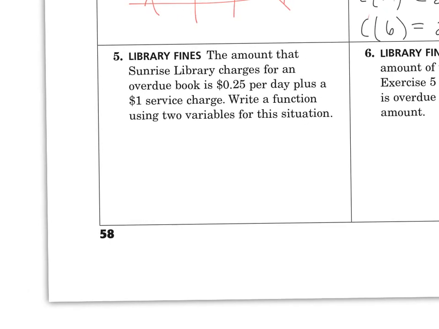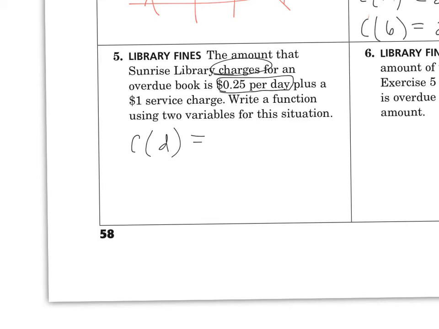Problem number 5, library fines. The amount that Sunrise Library charges for an overdue book is 25 cents a day, plus a $1 service charge. Write a function using two variables for this situation. So it's per day, and we're looking for charges. So the charge function is charged per day, like so, the charge of D, charge of each day.